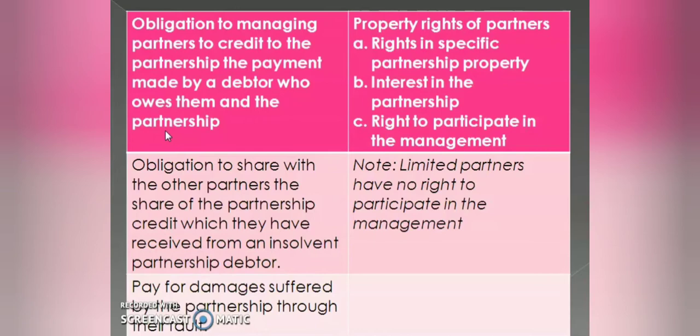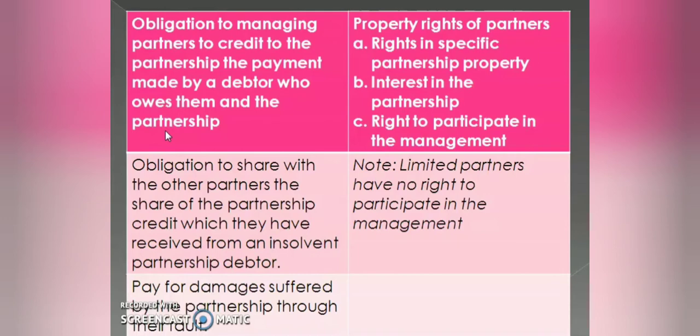For example, A and B are partners. B as the managing partner. So, X owes the partnership and B the amount of 5,000 each. So, both debts are due and demandable. So, X pays B the sum of 5,000 and B issues a receipt.